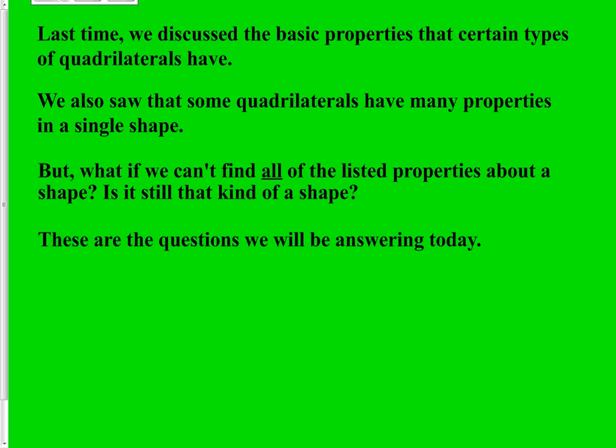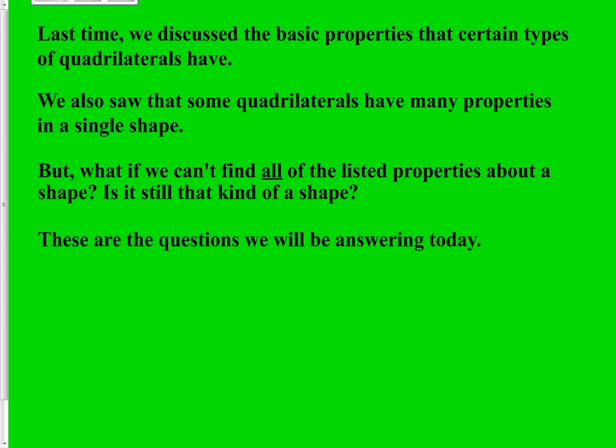However, when we are looking at a diagram on a test or a worksheet or whatever, it is unlikely that we are going to find all of the listed properties in that particular shape, particularly parallelograms. They've got a lot of properties that go along with them.